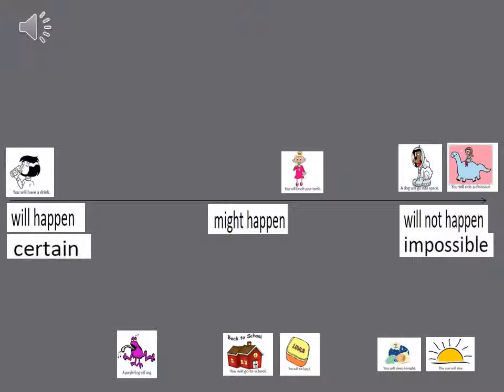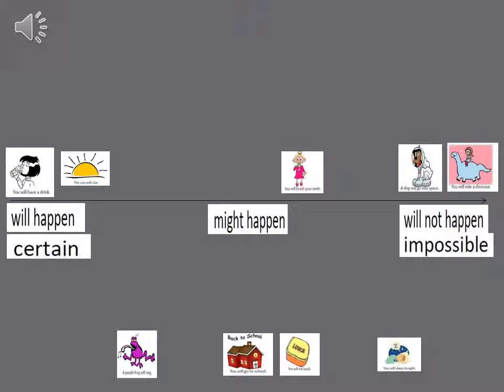A dog will go into outer space, will not happen. So it will go at the end of the line at the will not happen or impossible sign. The sun will rise, will happen, so it will go at the start of the line with the card will happen or certain.